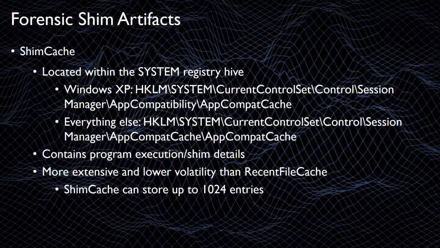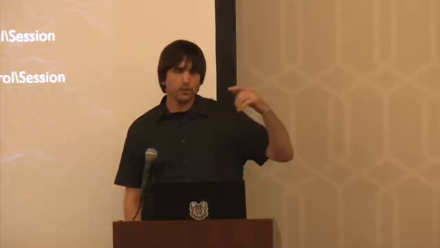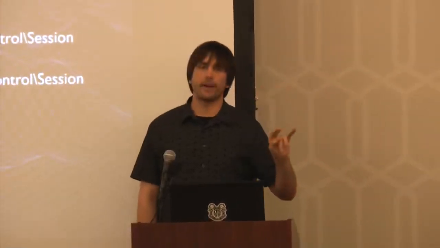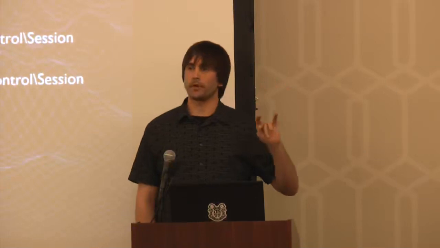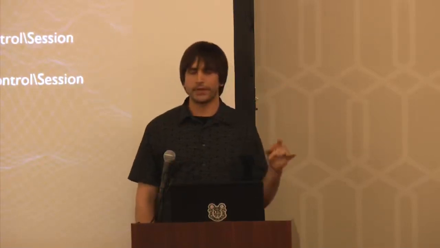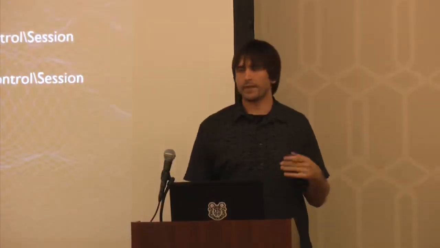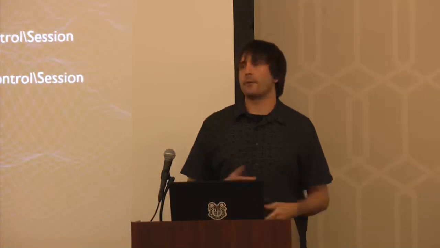But basically, it'll store the path, the file name, the last modified timestamp of that file. Not the created, the last modified, which is useful, but it can also send you astray sometimes, which I'll go into later. And then it stores some other values which vary by operating system.